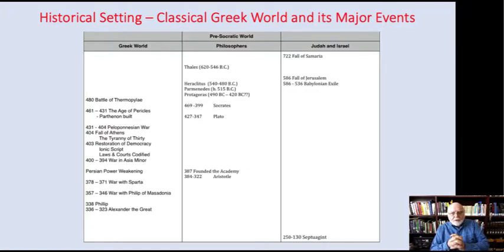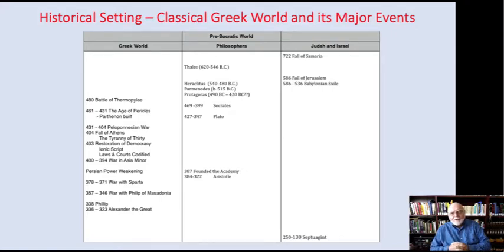The Greek world of the 4th, 5th and 6th century before the current era was the time of Athens and the Greeks being at their cultural zenith. At a time when the Parthenon was constructed, when the great Greek cities throughout what we now call the Mediterranean and somewhat the Middle East were being built.